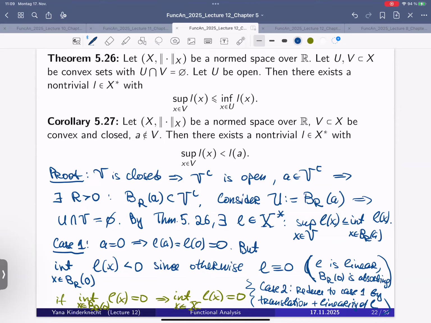Okay, we are not going to go further in the details, but just pay attention that if we have a linear functional, then its supremum and infimum over an open set are taken on the boundary, not inside, as it was presented here.